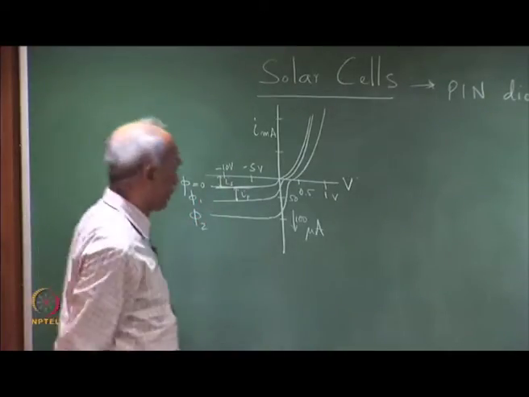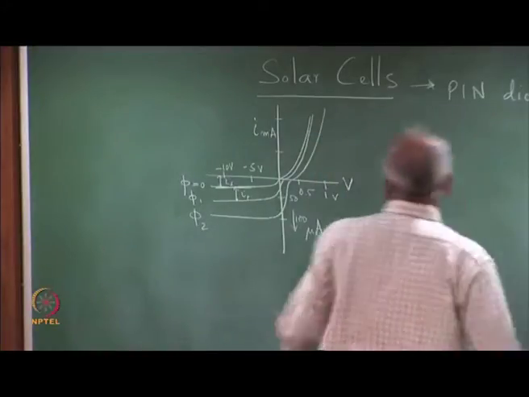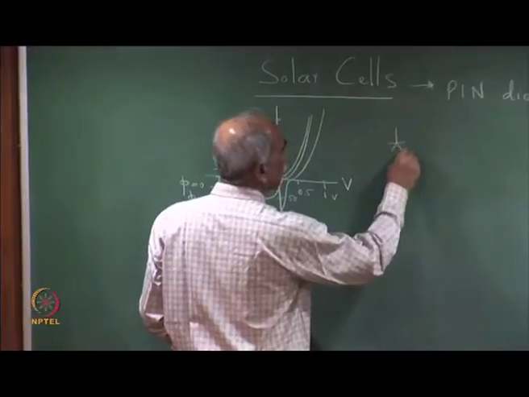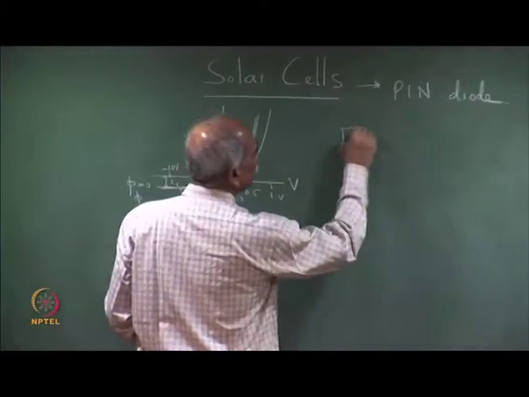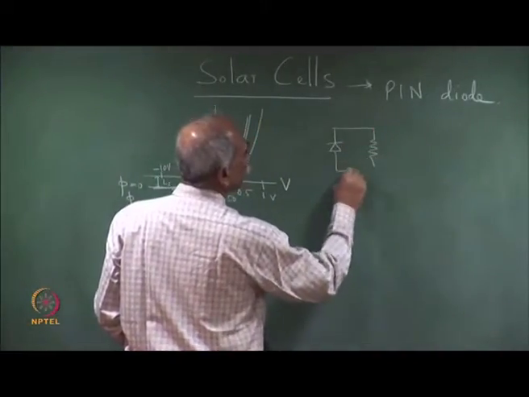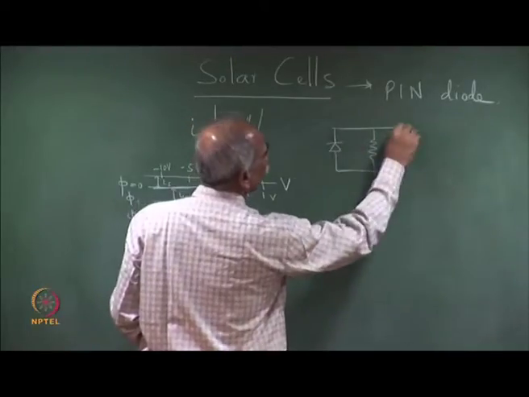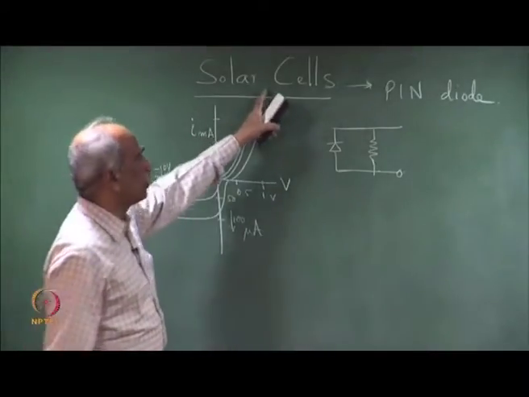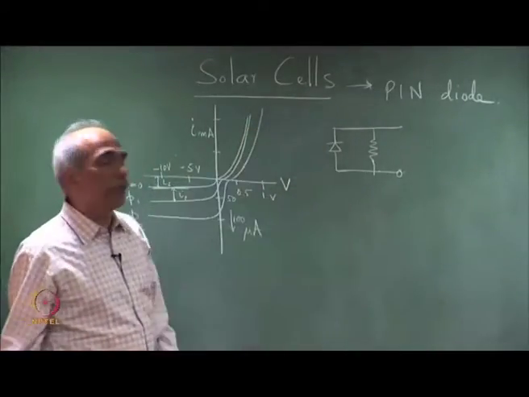And another incident photon flux phi 2. We recall that there are two modes of operation of a photodetector, which we have already discussed, the photovoltaic mode and the photoconductive mode. So, solar cells are operated in the photovoltaic mode without applying any bias.